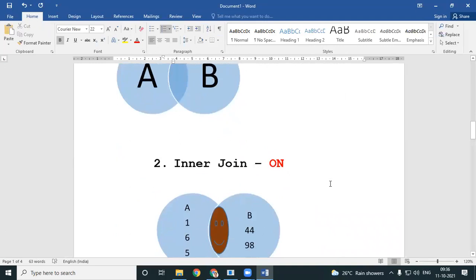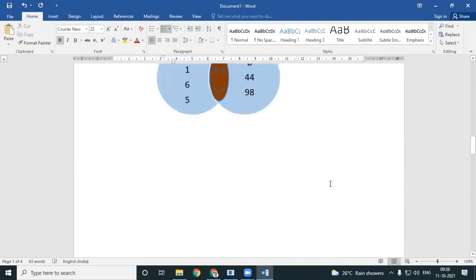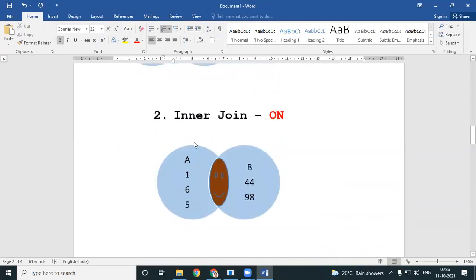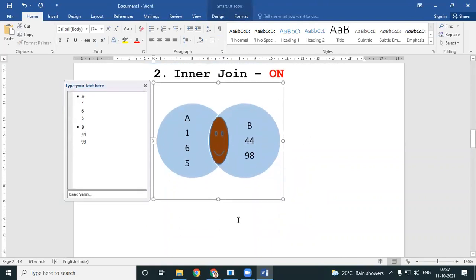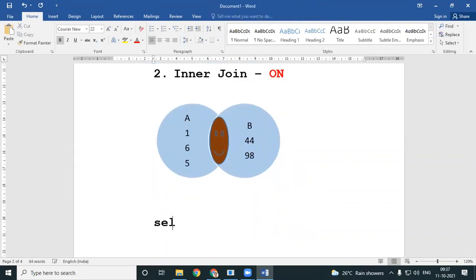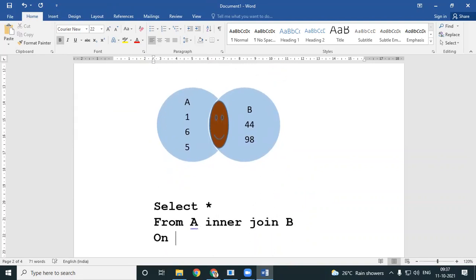So let's see, what do you mean by the on keyword? Okay, so I'll write over here my query, select star from table A, inner join, B, this is the syntax, on. You will be using a keyword called on. Now, what do you write over here?